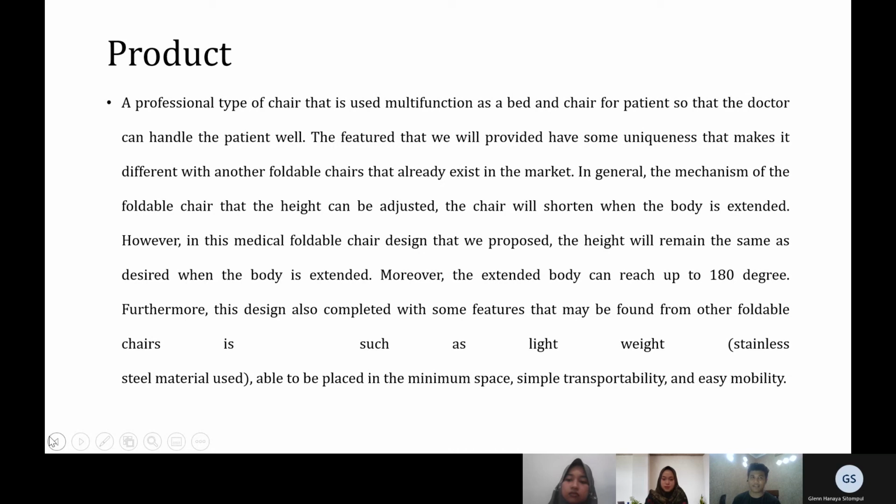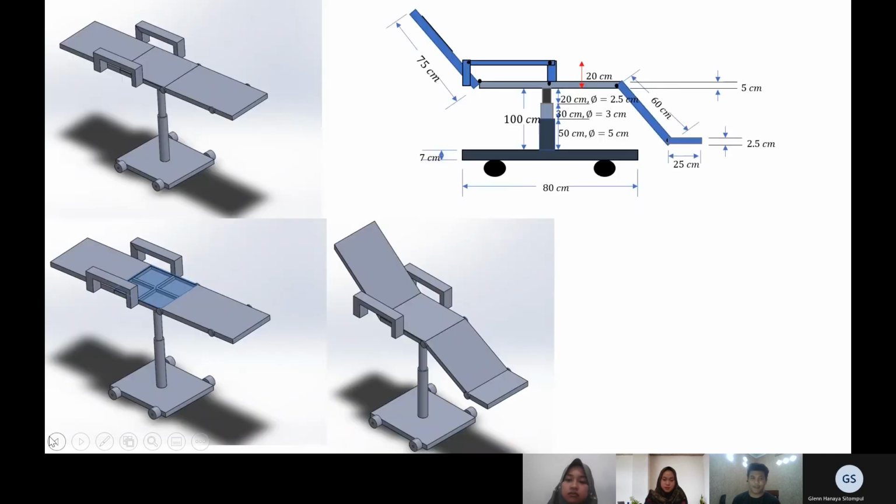This chair can be extended to 180 degrees, so it has no difference from the traditional bed instead.